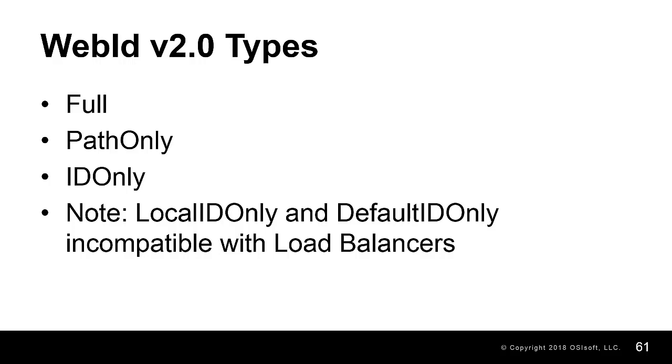We have a couple of different options available to us, but we're going to focus on full, path only, and ID only. I'd like to take a moment to note that local ID only and default ID only web IDs are not compatible with load balancers, so please keep that in mind when developing your organization's architecture and your custom application.